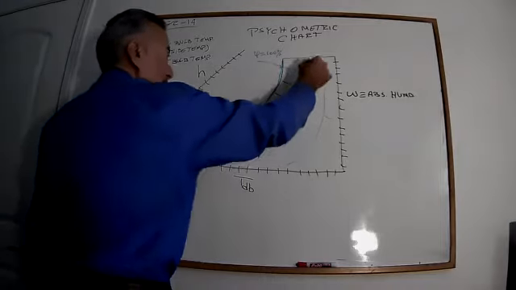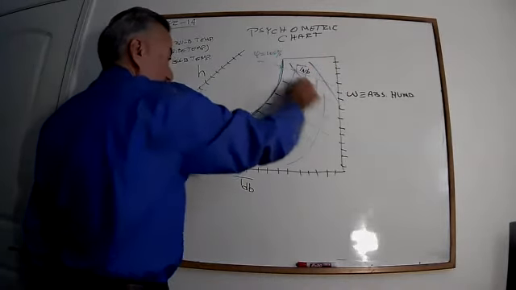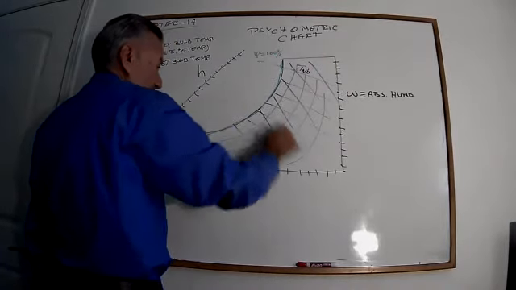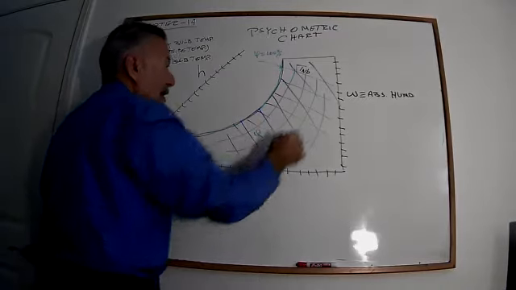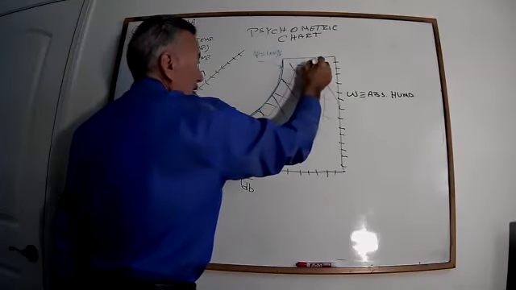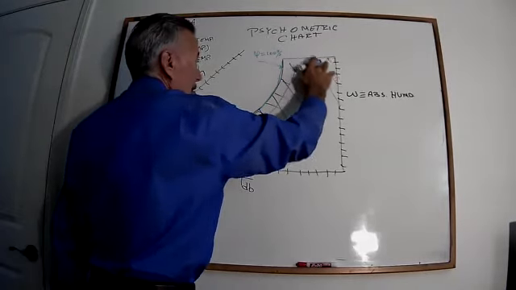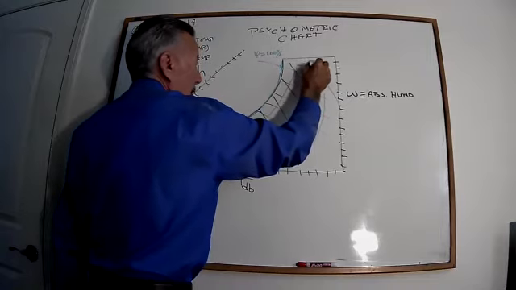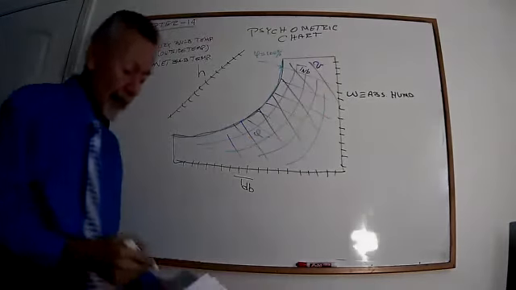There are lines going this direction. These represent the volume.